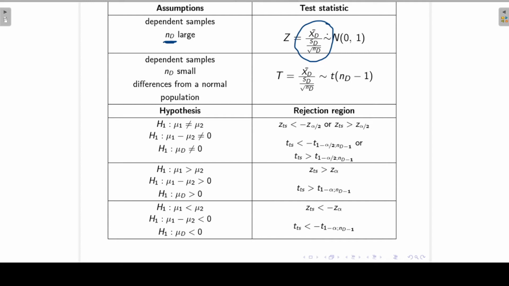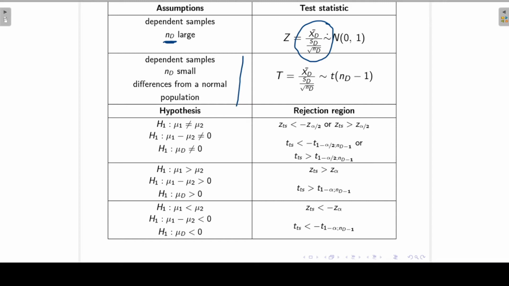Now, if we are working with a large number of differences or pairs, then this test statistic follows an approximate normal distribution.